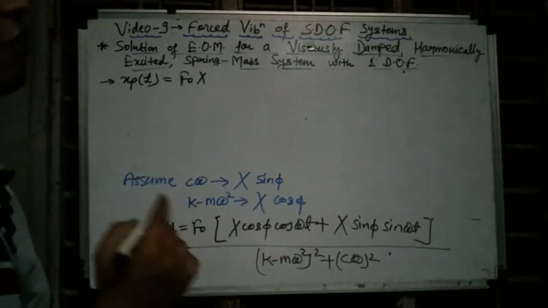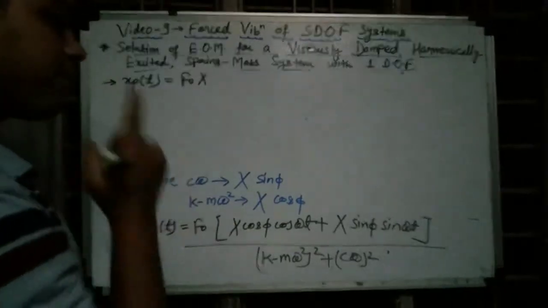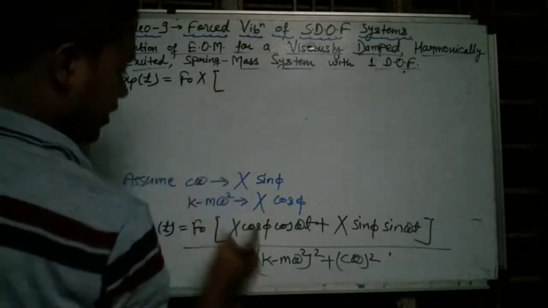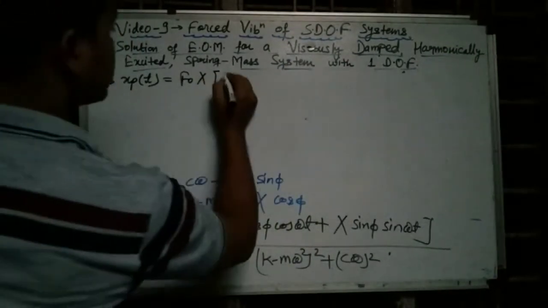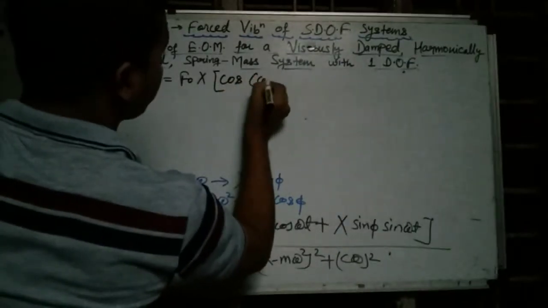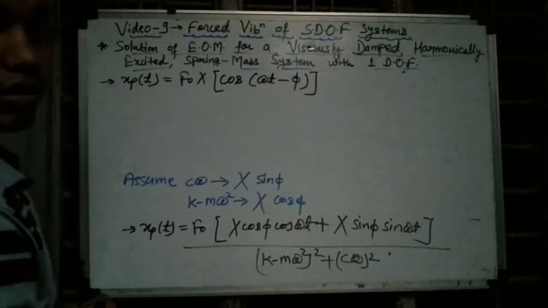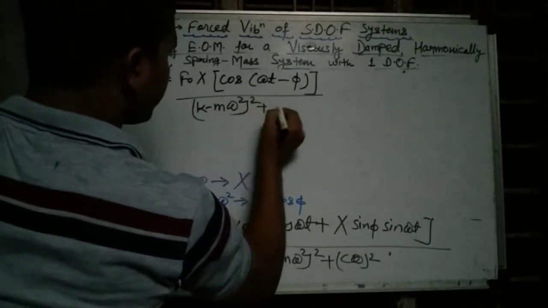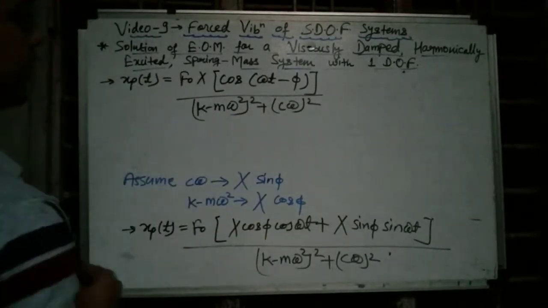This is the formula for cos(a minus b). So I can write the inner expression as cos of omega t minus phi, divided by the denominator, k minus m omega square whole square plus c omega whole square.